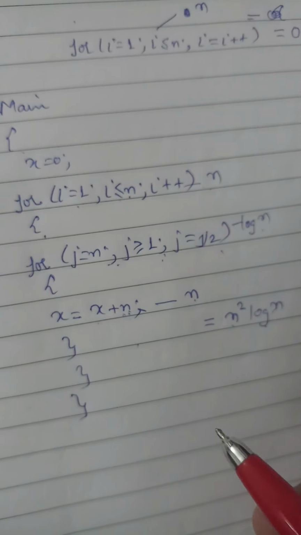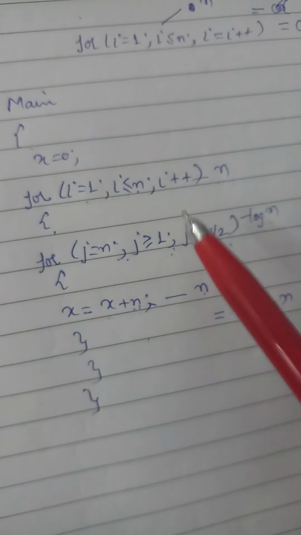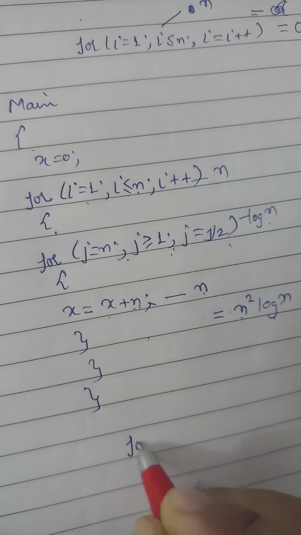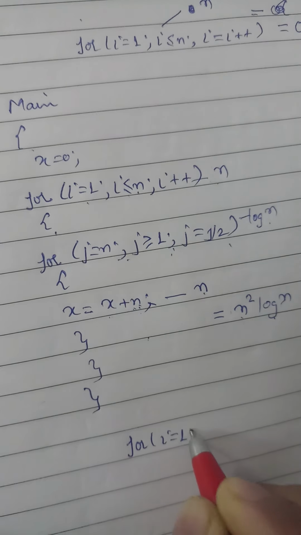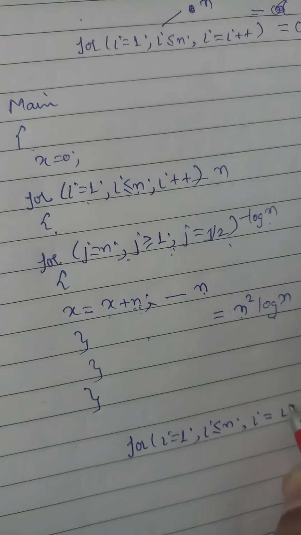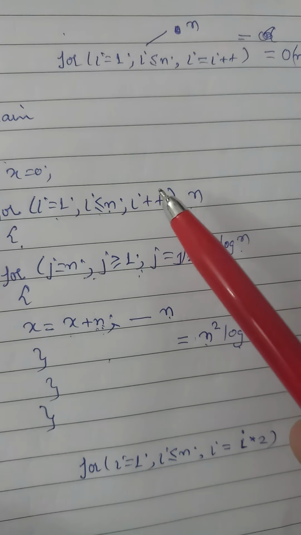Now in the same program, suppose for i equals 1, i less than or equal to n, and i equals i into 2. Then what will the time complexity be?